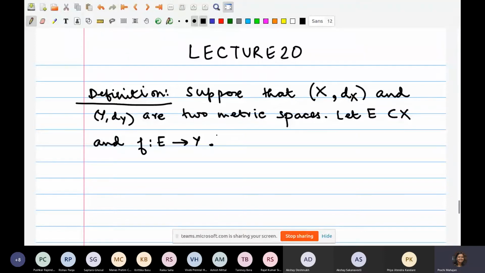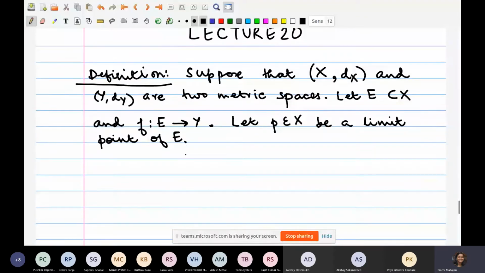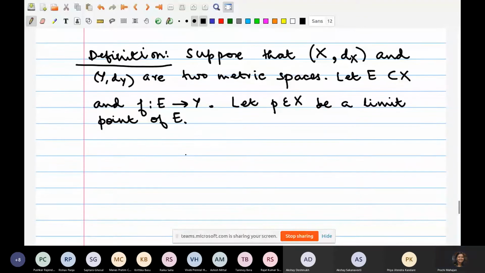All right. So let's consider a point p of X, which is a limit point of this set E. Please recall, this means that the point p may or may not belong to the set E. So what am I interested in considering?